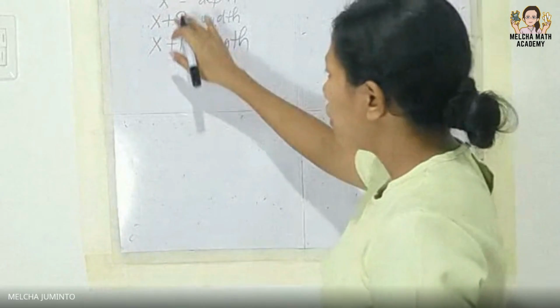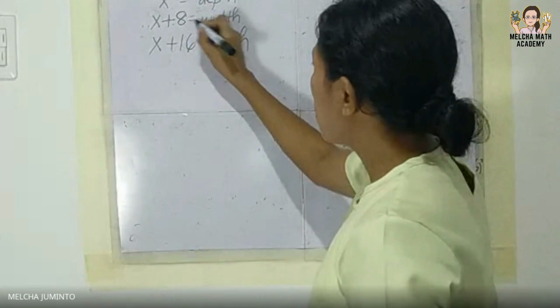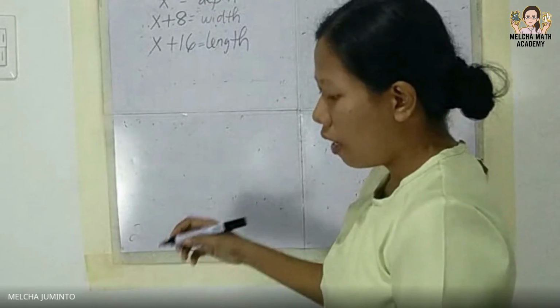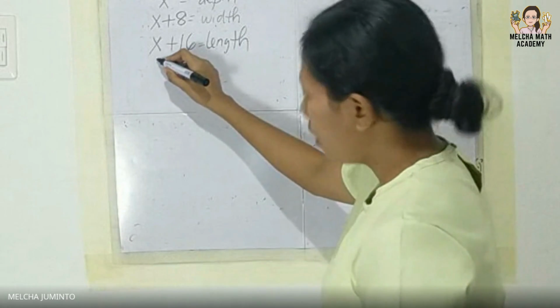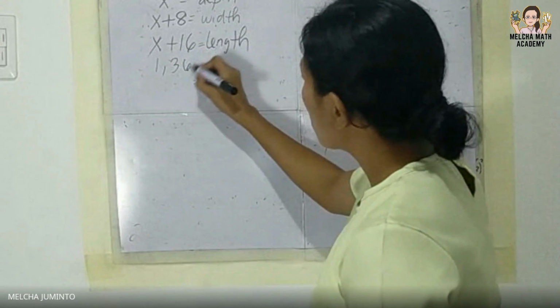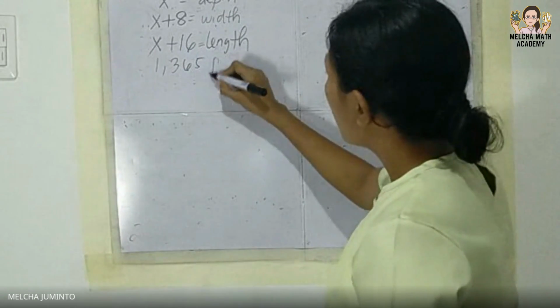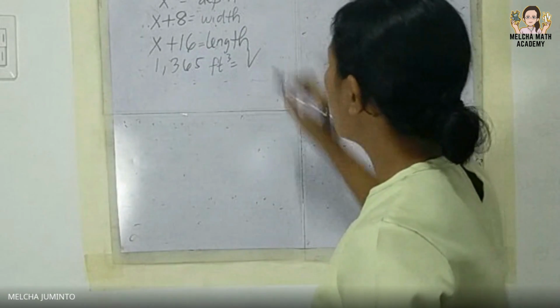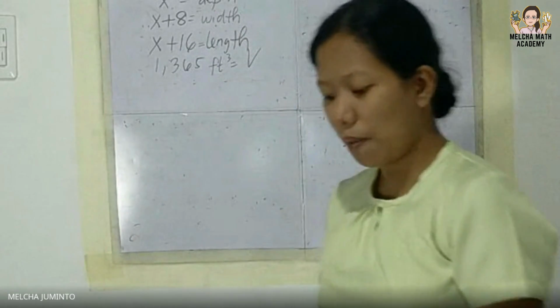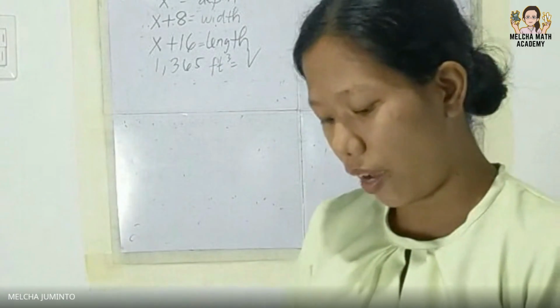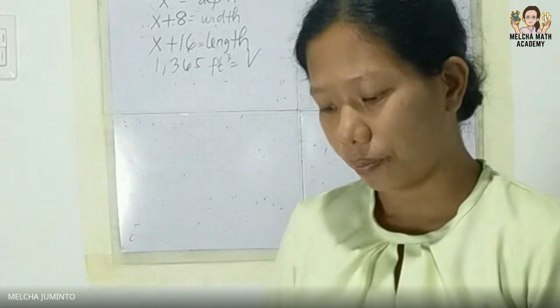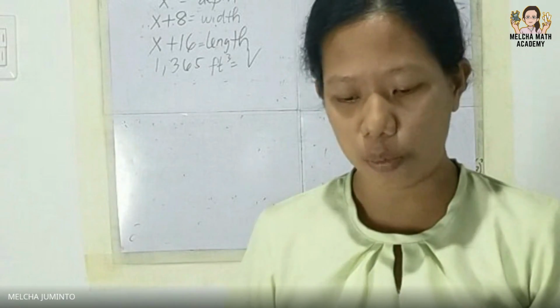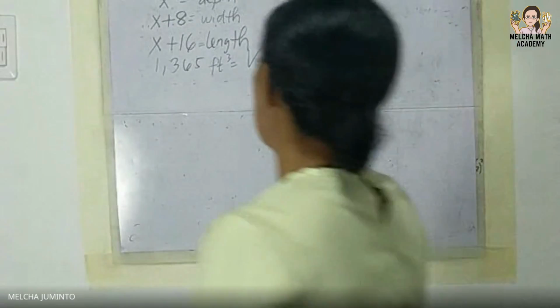So here are the 3 dimensions represented by polynomials. And you also know that the volume is 1,365 cubic feet. We follow the same steps, just like in problem number 1, and we will be able to find the dimensions of the pool. Let us try this one.